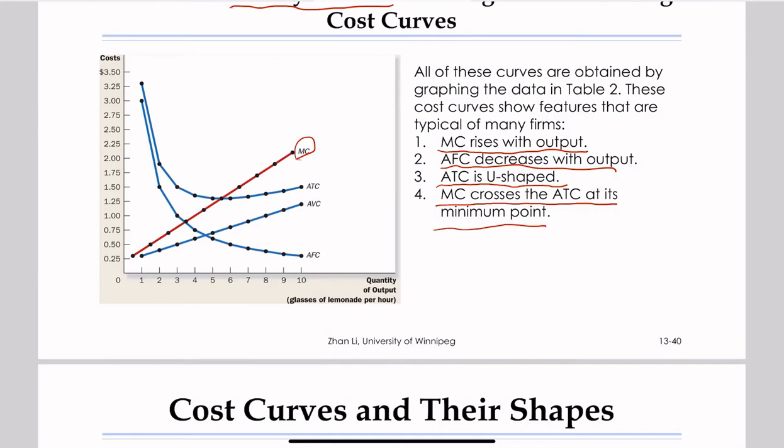That is, this point is the lowest point of the ATC curve, and the marginal cost curve will exactly cross this lowest point. Right? So let me explain why we get these results.